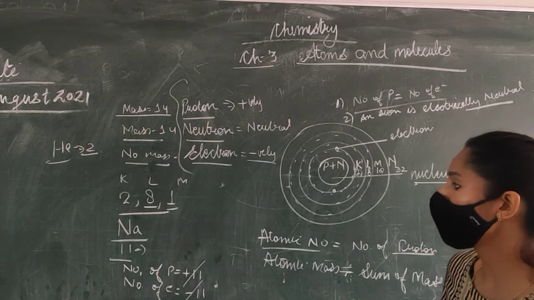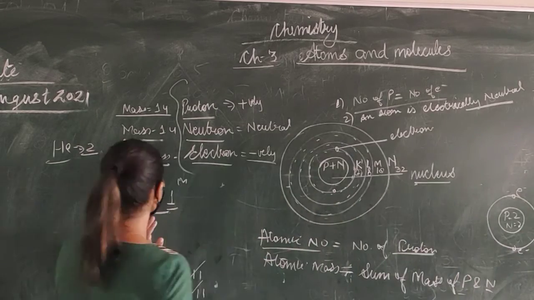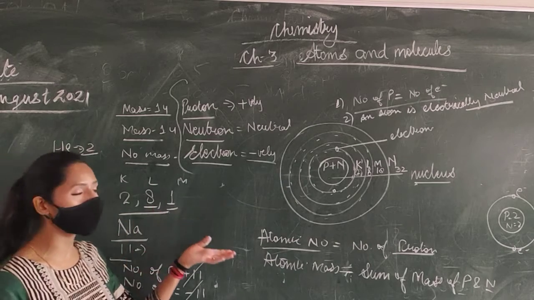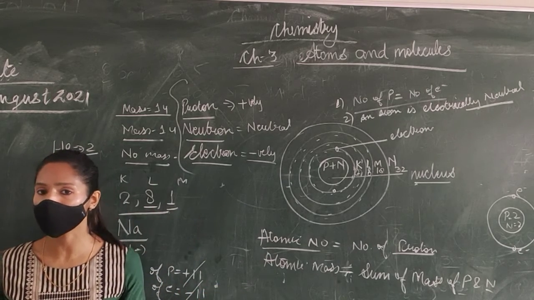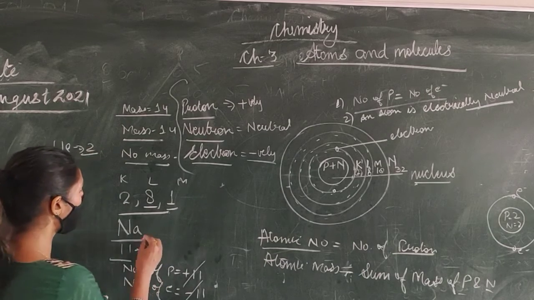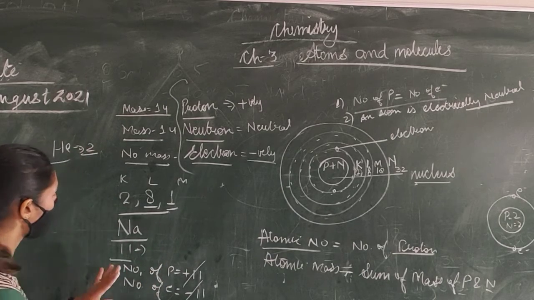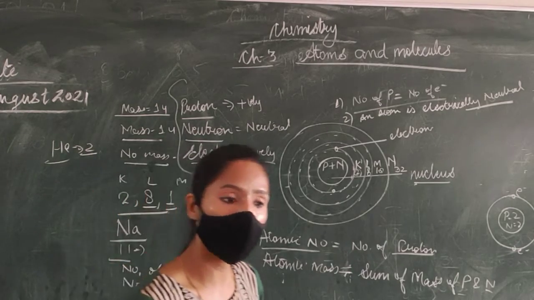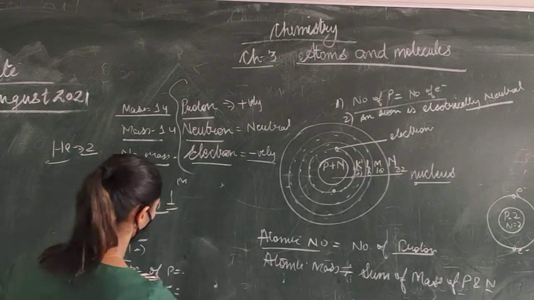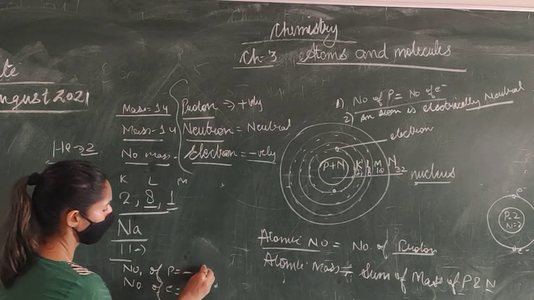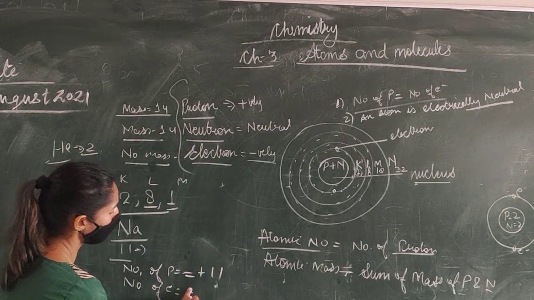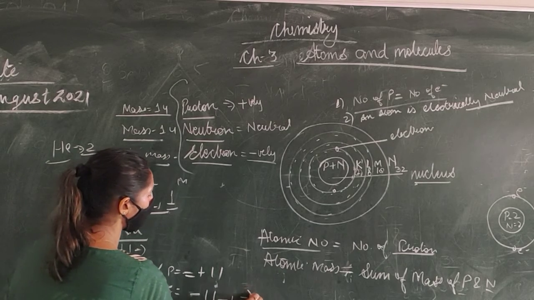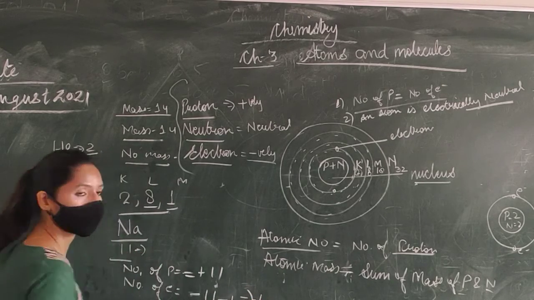Okay. So the same happens when this sodium is not able to get 7 electrons, so it will donate its 1 electron to some other element. Okay. So here this sodium was having 11 protons, positive charge, and it was having here minus 11. So when it donates 1 electron, it will have 10 electrons.